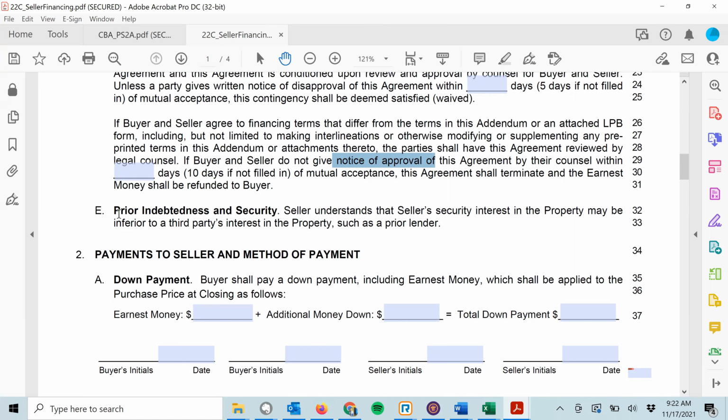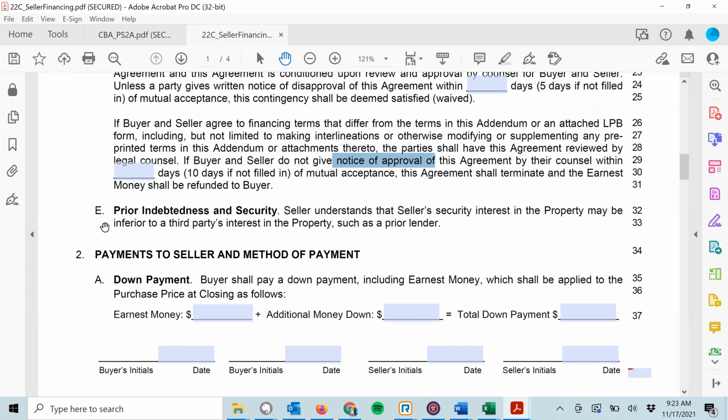All right, paragraph E, prior indebtedness and security. Seller understands that seller's security interest in the property may be inferior to a third party's interest in the property, such as a prior lender. Right? So if I carry a note, let's say Lawton is buying my house and I'm going to be his lender, but I have a mortgage.